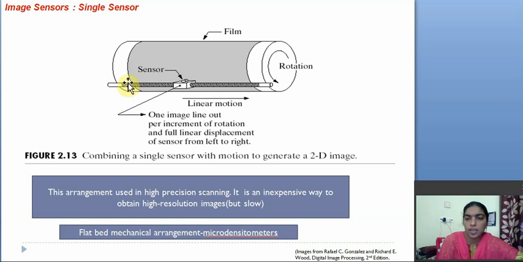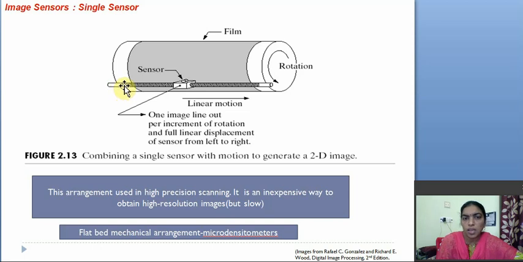We fix the value of how much distance it is moving, that is, what the next position of the sensor is to read the light energy. So predefined values are there. A mechanical arrangement tells how much distance the sensor is moving along the linear direction.